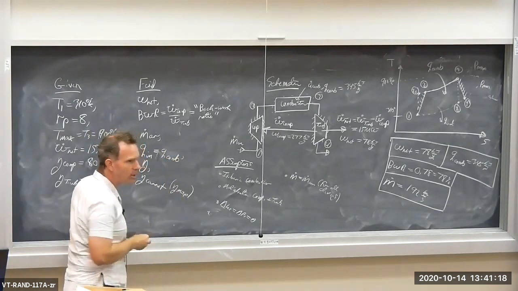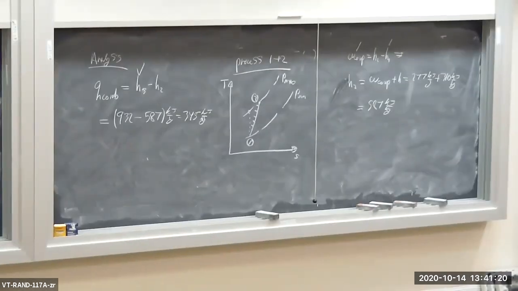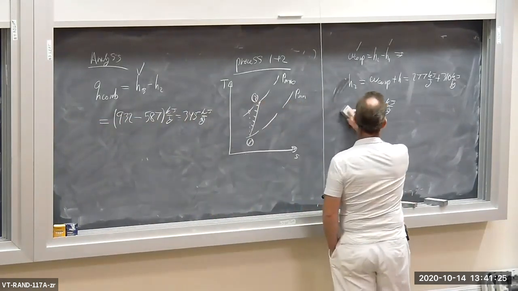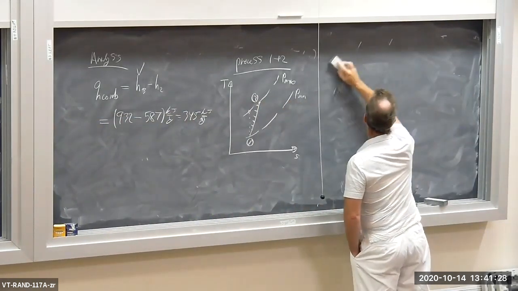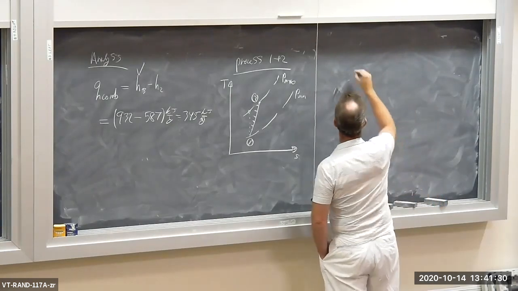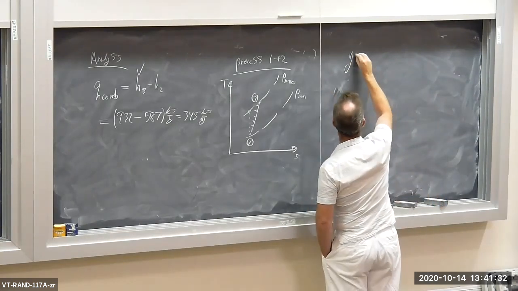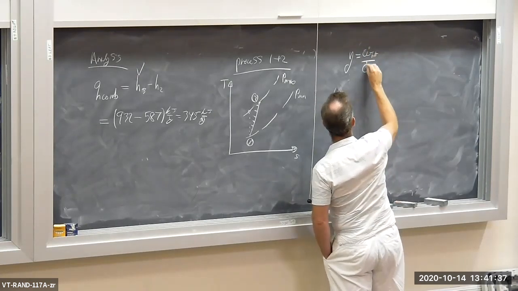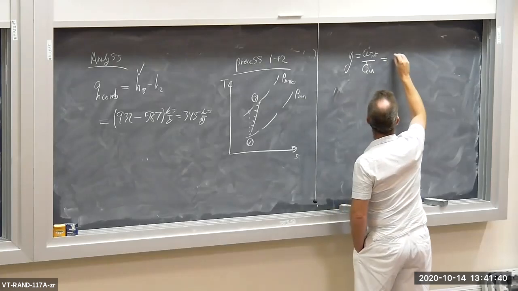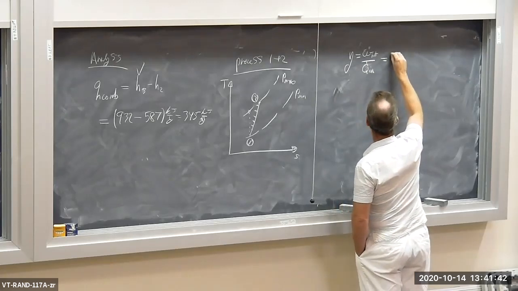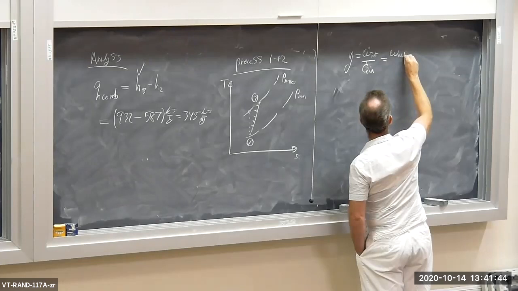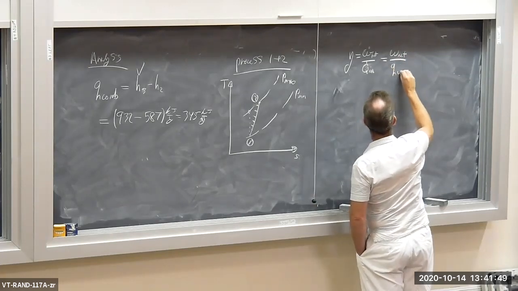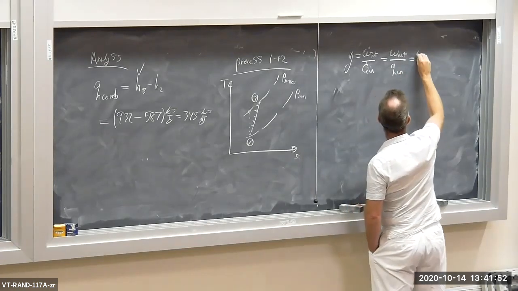Okay, let's calculate the efficiency. Well, this is easy to do. Efficiency is just W dot net over Q dot in. So the efficiency of this Brayton cycle equals W dot net over Q dot in. If I divide by the mass flow, which is the same everywhere, I get W net over Q in, and my Q in is my Q combustor.